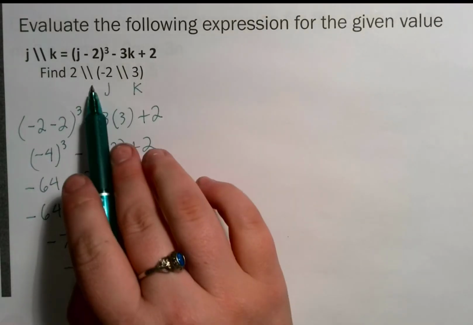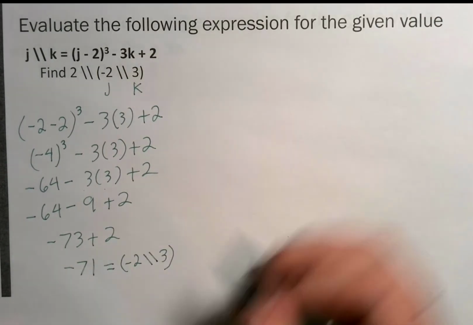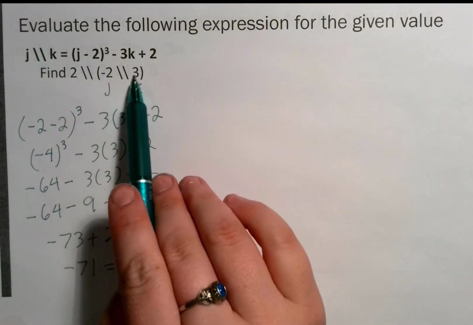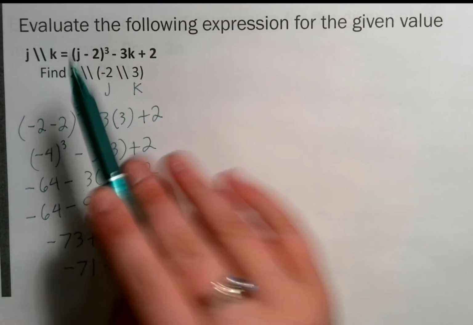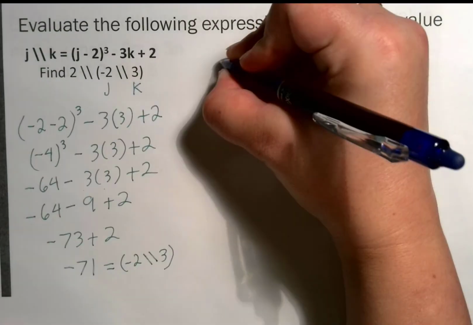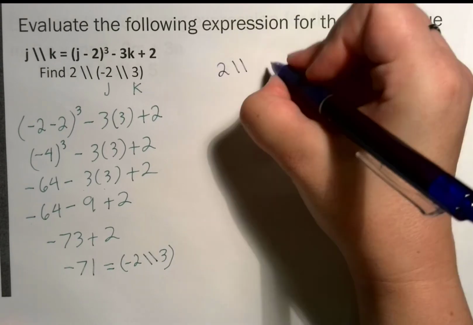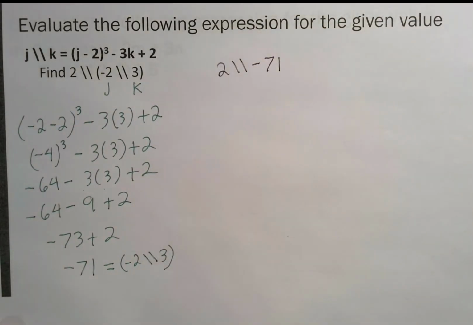So now I've done this part, and I'm left with 2 \\ whatever this is equal to, which we found was negative 71. So we've got 2 \\ negative 71.